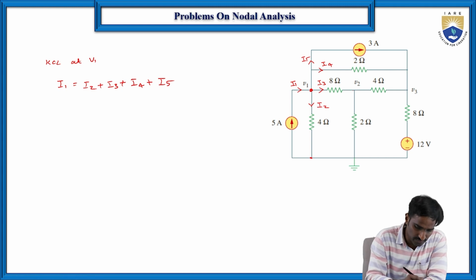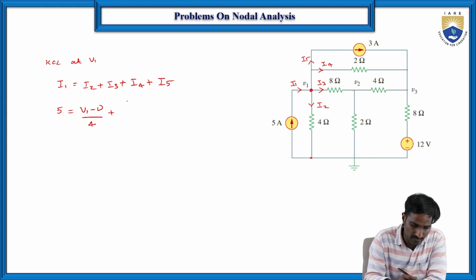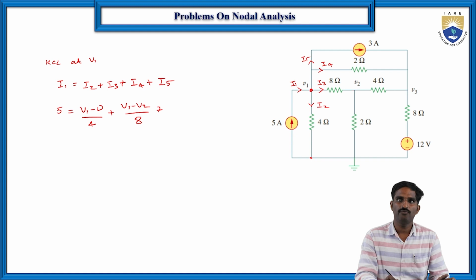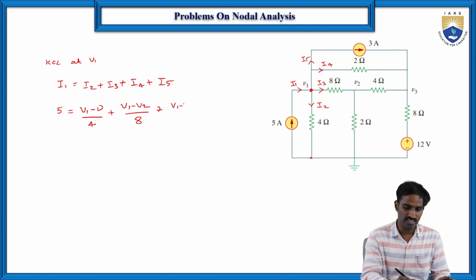Here I1 is 5 amperes, and I2 is V1 minus 0 by 4, plus I3 is V1 minus V2 by 8, plus I4, which is V1 minus V3 by 2, and plus I5, which they have directly given, so it is 3.